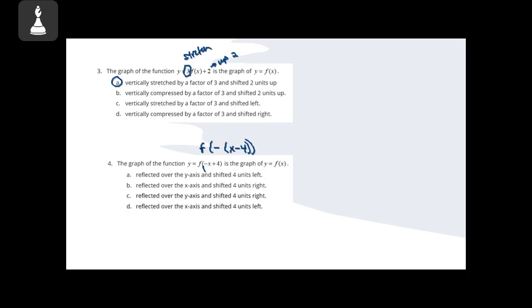So that negative here is a flip over the y-axis. And then this minus 4 means we're moving right 4. The one that says we flip over the y and then go 4 right is answer choice C.